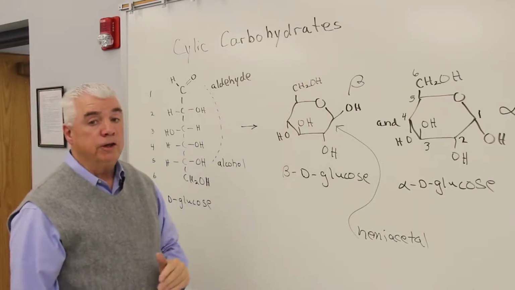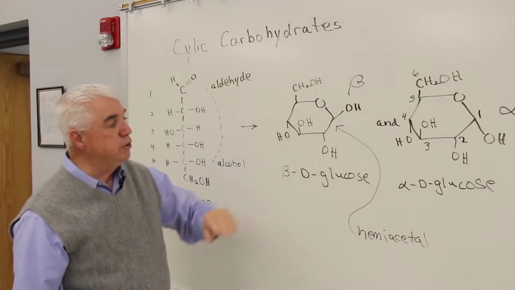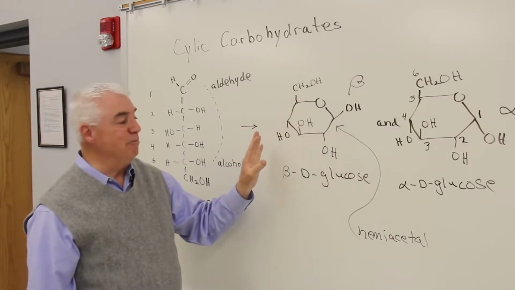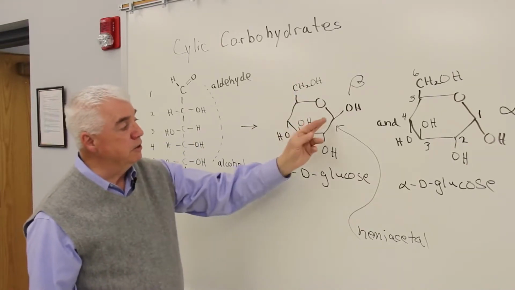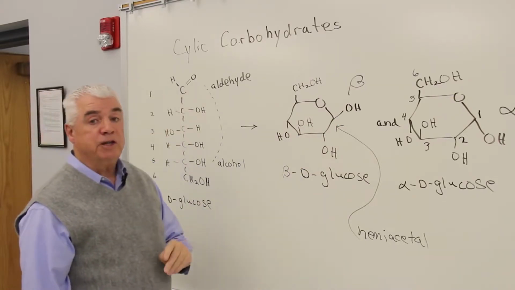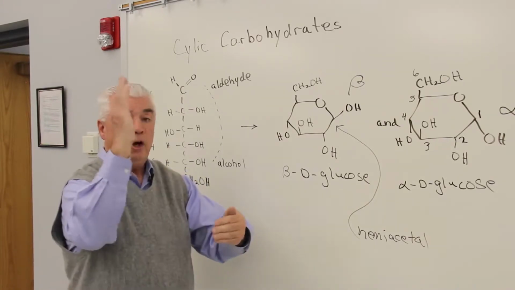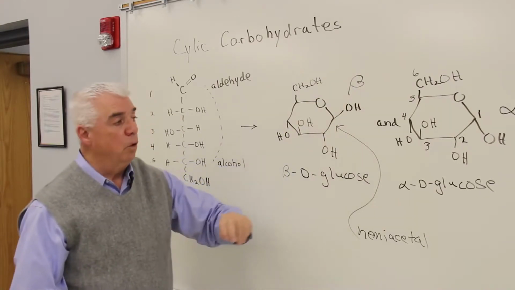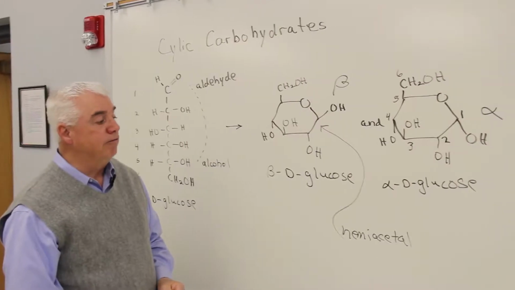Here I've redrawn the structure of glucose now. The CH2OH and the OHs have specific directions. If they did not, it would not be glucose. All of them have specific directions except here at position 1, which was originally this aldehyde carbon up here, because as the ring closes, the OH can be trapped in the up position, which is called beta, or it can be trapped in the down position, which is called alpha.